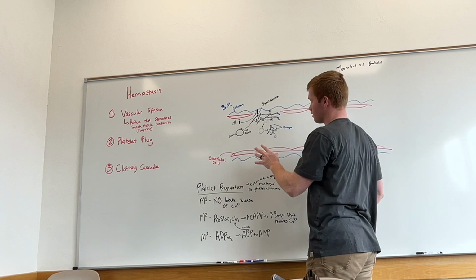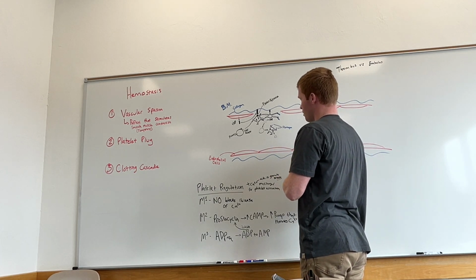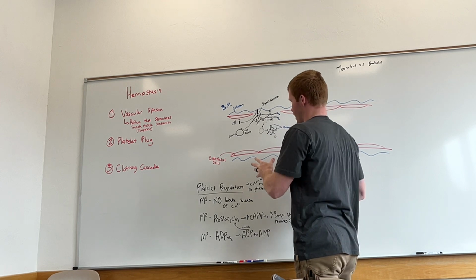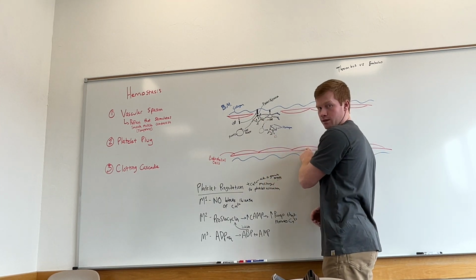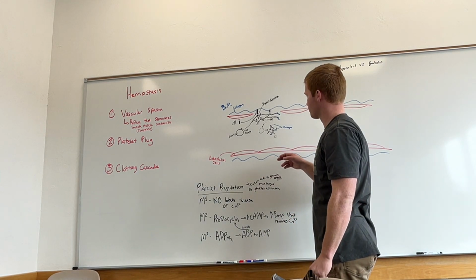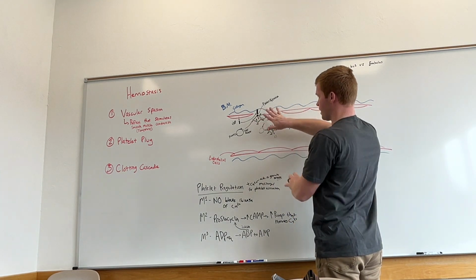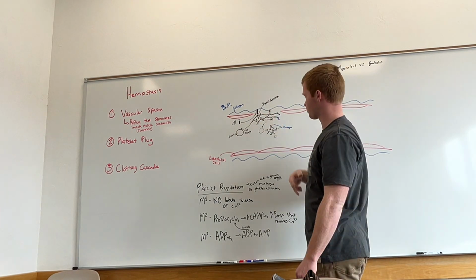So the platelet plug, let's talk about what that does. So we have the blood vessel. These little bumps right here are endothelial cells. Those are very important. So let's start. We get a hole or a damaged part in the blood vessel. There's exposed collagen.